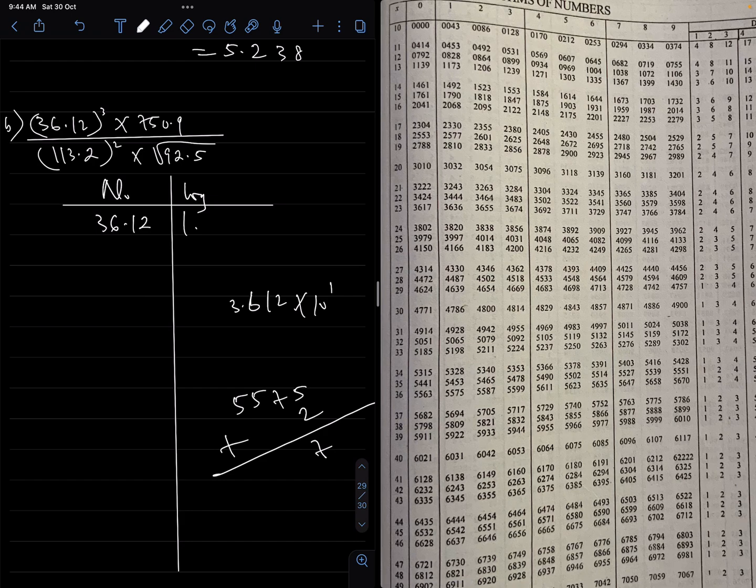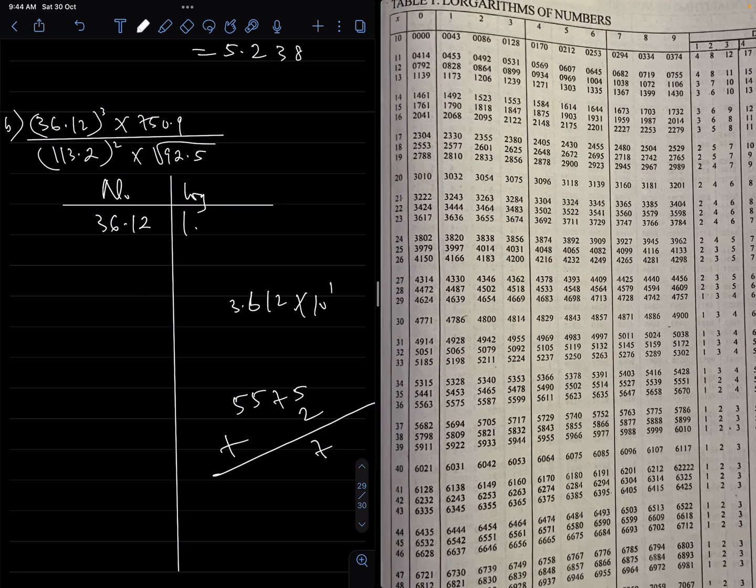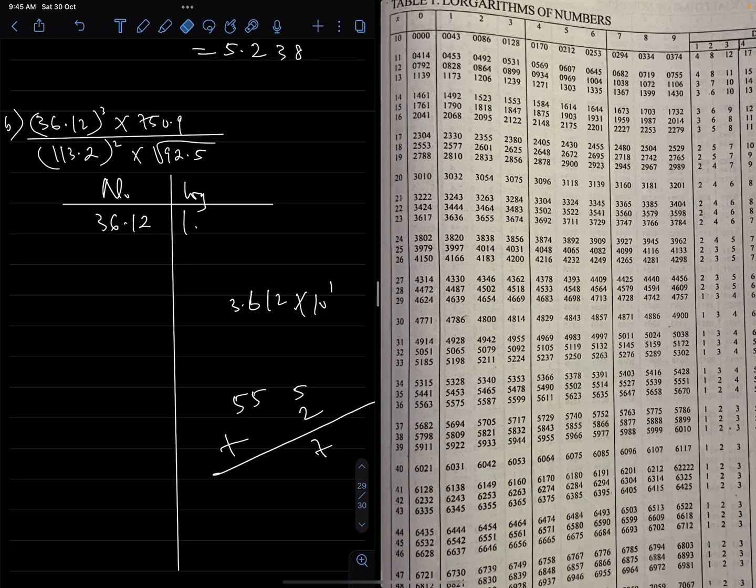I thought it was plus the difference, which is 2. So 5 plus 2 is 7, 5 plus nothing, 5 plus nothing. So what do we have? 1.5577. Exactly. I'm done with that one.